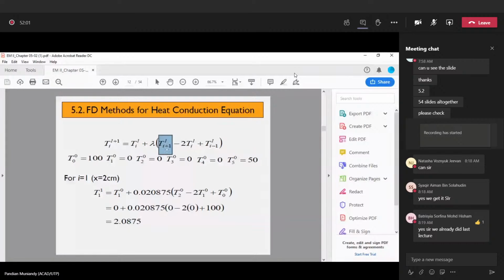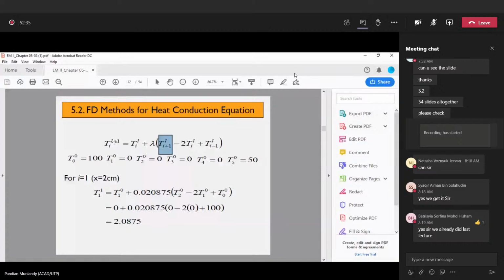I is 1, minus 2 T superscript 1, I is 1, plus T superscript 1, I minus 1, which is 0.